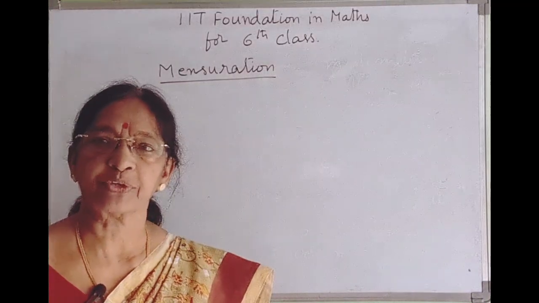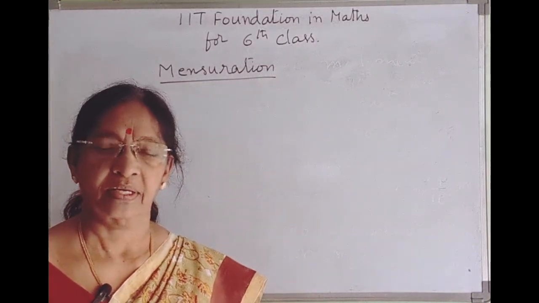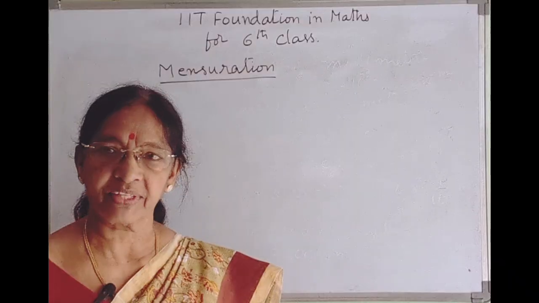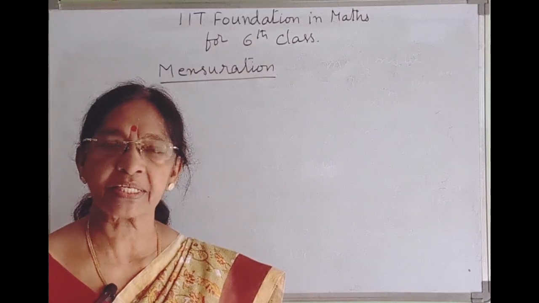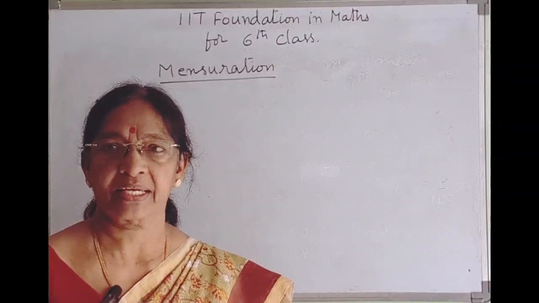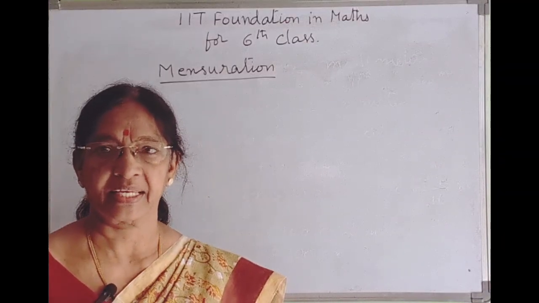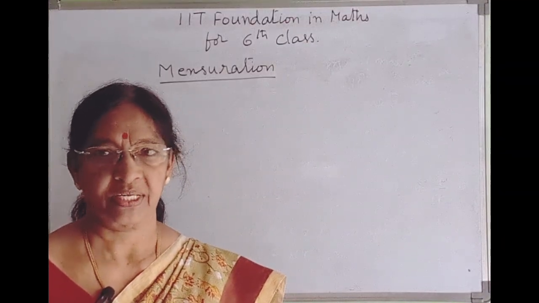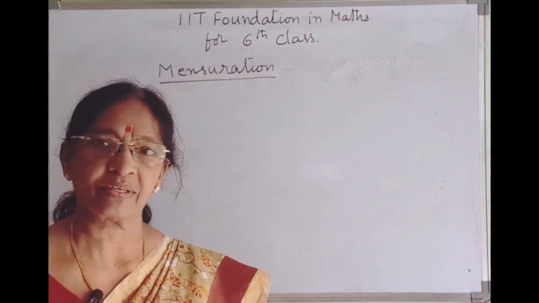In this chapter, we use the units of length in measuring the length of line segments, in measuring the perimeter of different plane figures like triangle, rectangle, square, polygons, etc., and the circumference of a circle.